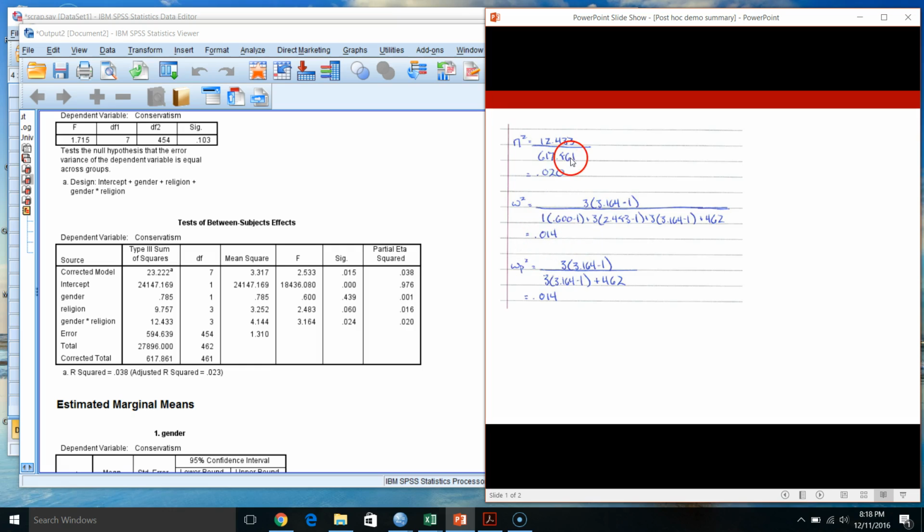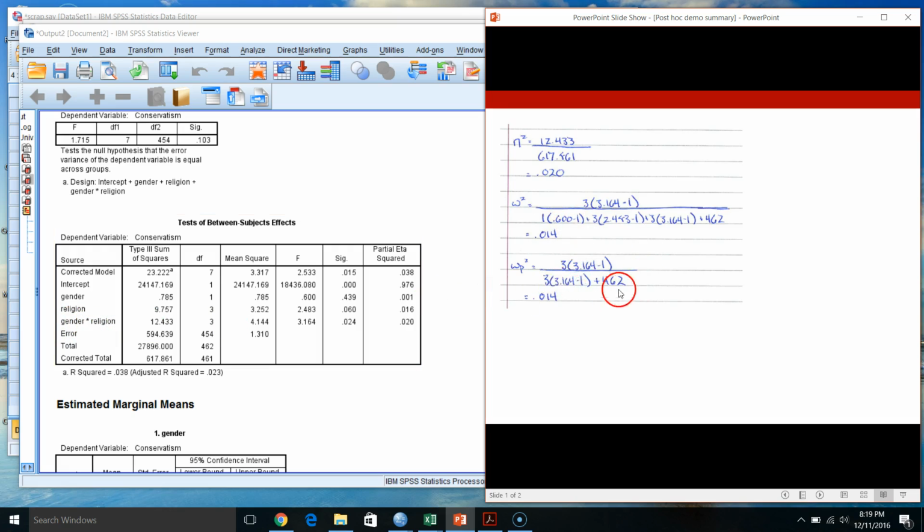Okay, so again, remember our eta squared is always going to be larger than our omega squared, but omega squared is, or eta squared, largely inflated. Omega squared still inflated, but not as much. This is going to be a better estimate of the proportion of total variability in the population expected to be accounted for by this interaction of gender and religion.